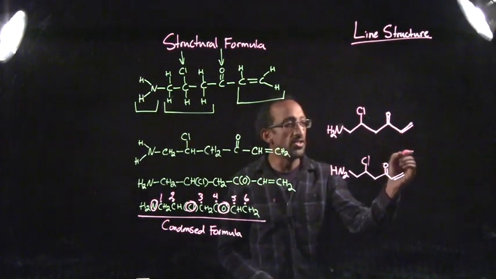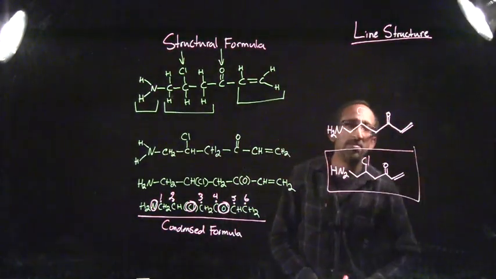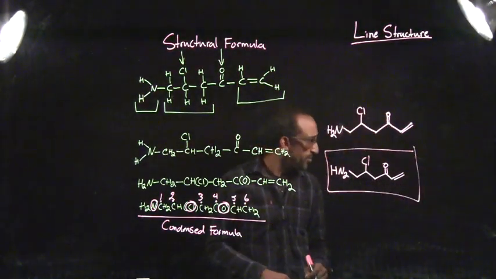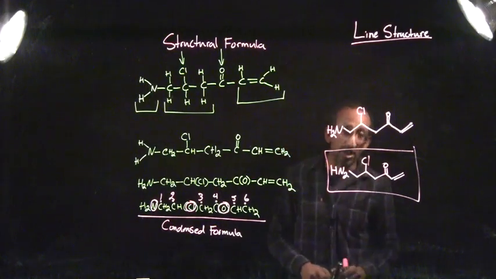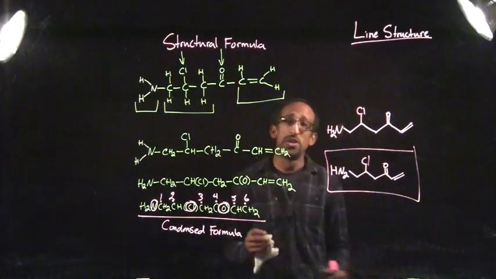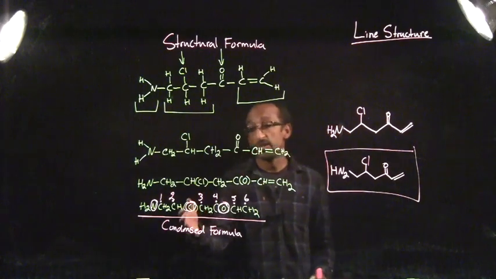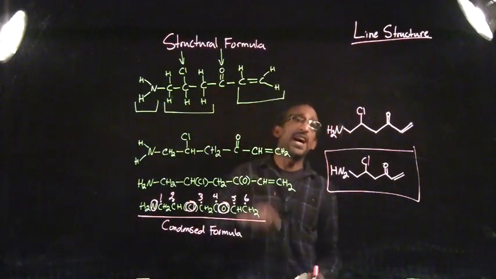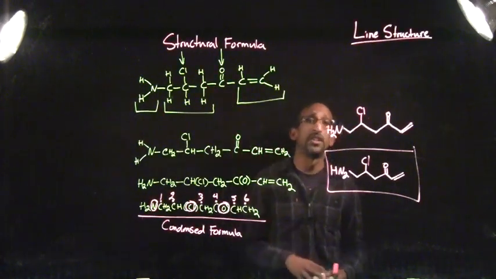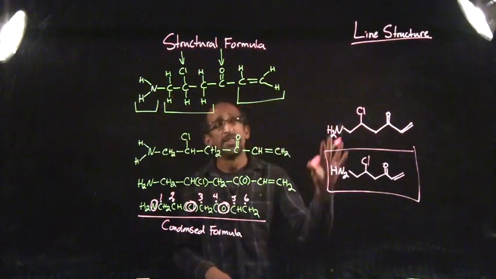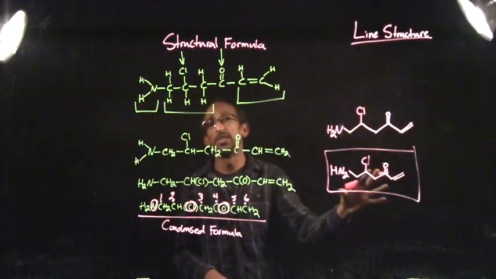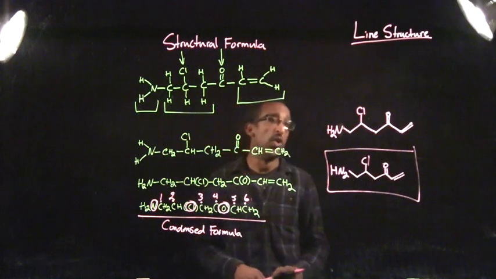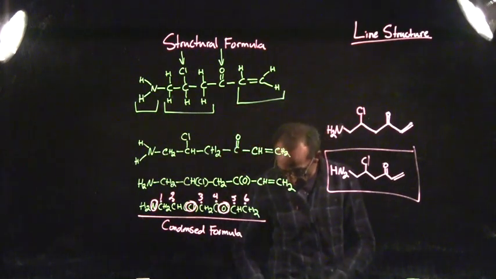And so these line structures are going to be the way that we represent our organic molecules most of the time. You will be asked to produce condensed formulas, and you will be asked to produce structural formulas at certain times. However, the line structure is really going to be what we're going to use the overwhelming majority of the time in this class.